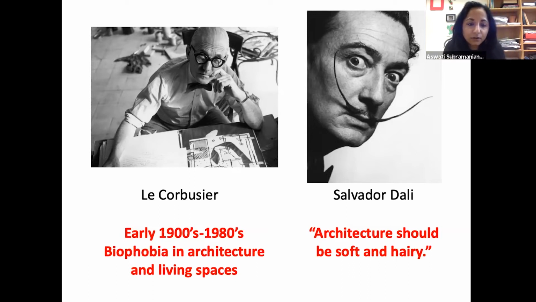But even during the same time, early 1900s to mid 1900s, we had maverick thinkers such as Salvador Dali, who was an artist, who realized that we are moving in a direction that may not necessarily be sustainable. And so this statement by Salvador Dali has been in my mind ever since I read about it.